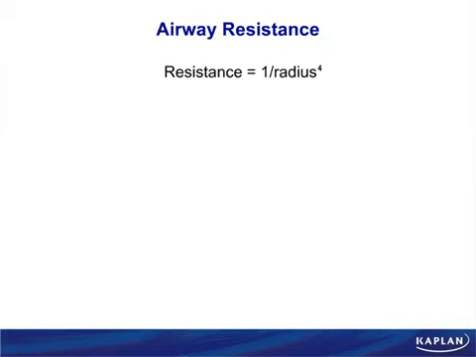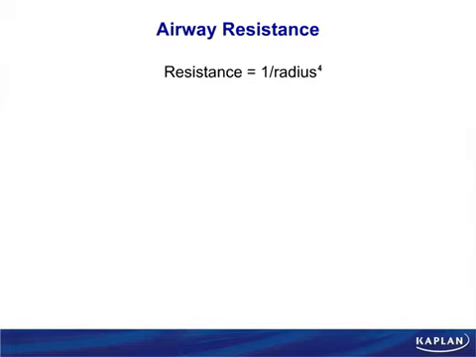All right, elastic recoil, overcoming the elastic forces, is one component to the work of breathing. The other component is airway resistance, pressure flow resistance. Just like we discussed in cardiovascular, only here, this is air that's flowing, not blood.